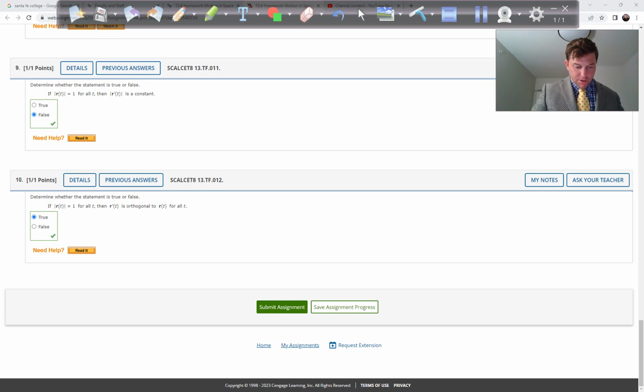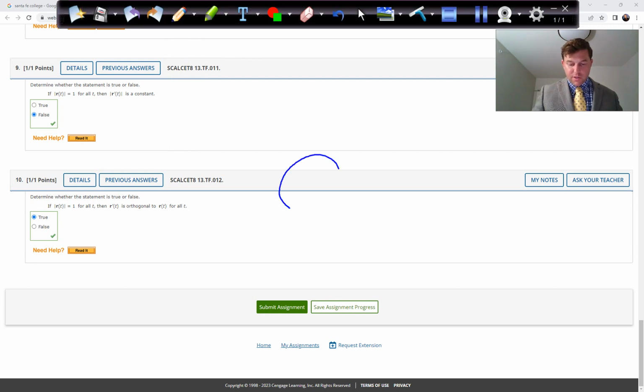Okay, last problem, determine whether the statement is true or false. If the magnitude of the position vector is 1 for all t, then the derivative of that is orthogonal to r of t for all t. Now that one is true. So if you have the magnitude of some position vector is 1, the simplest drawing I can make is a circle of radius 1.